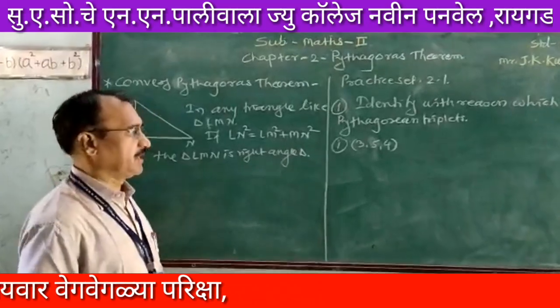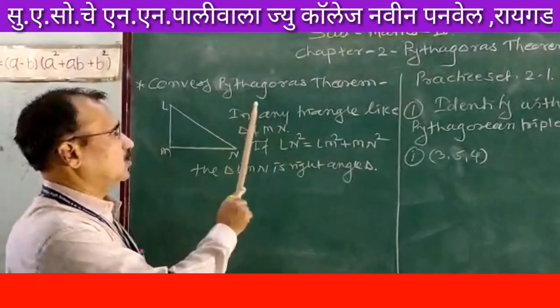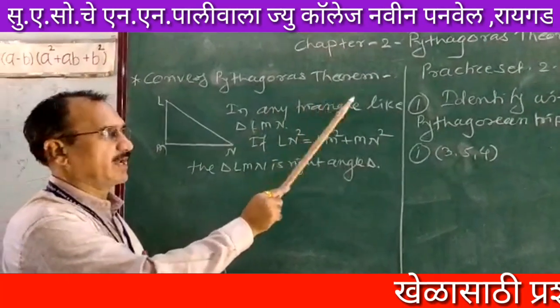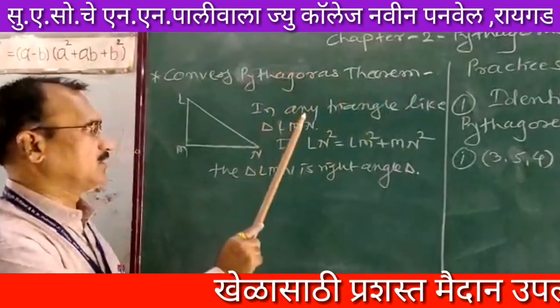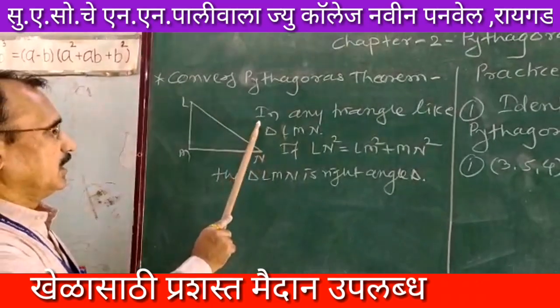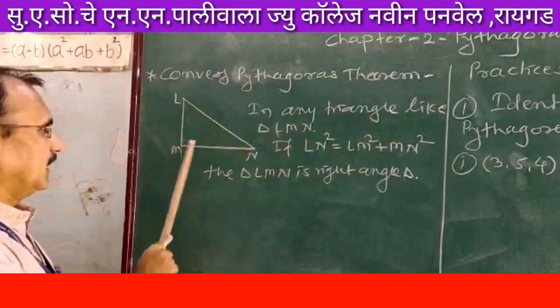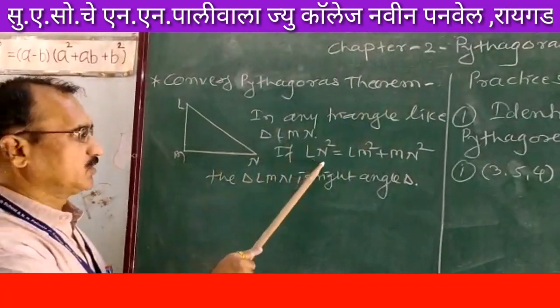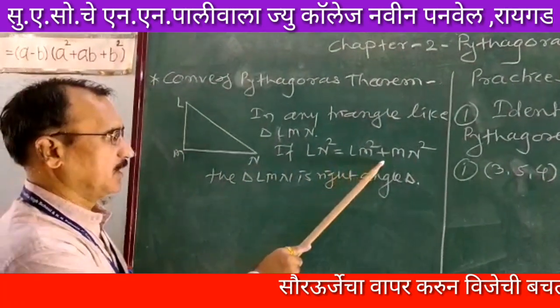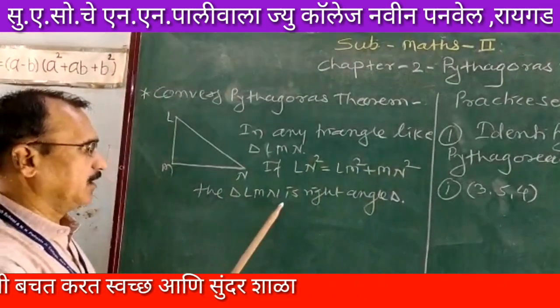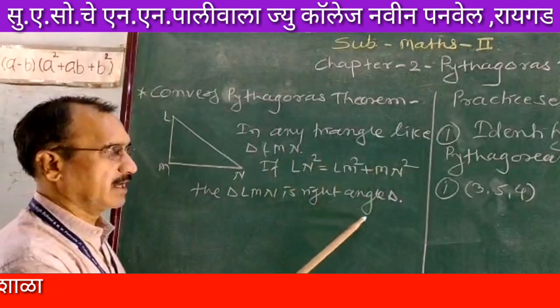Now after the Pythagoras theorem, there is the converse of Pythagoras theorem. The proof of this theorem you don't need to write in the question paper. Here in any triangle, suppose triangle LMN, if LN square is equal to LM square plus MN square, then and only then triangle LMN is a right angle triangle.